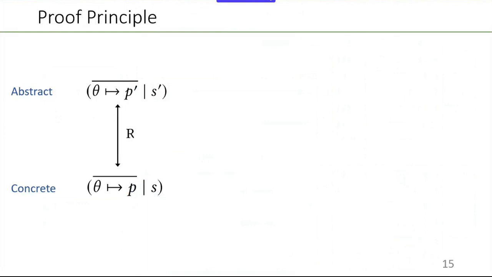To aid the proofs of linearizability, we provide a proof principle that's very helpful in focusing the proofs and making them shorter and more manageable. So if we look at linearizability as some sort of simulation, then to prove linearizability, we have to first define some simulation relation between the concrete and abstract states. And these states are very involved.